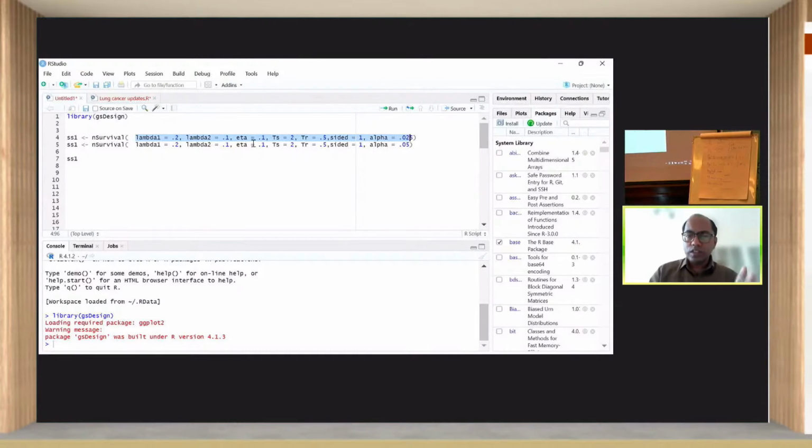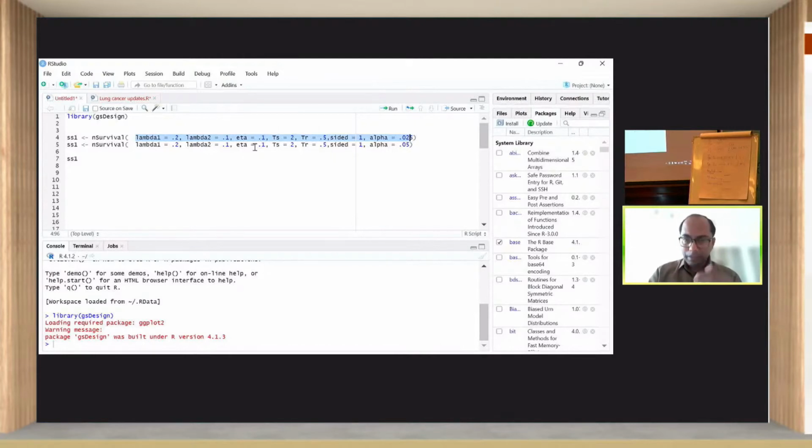Since we talk about the progression rate or relapse-free rate, we always consider the terminology called hazard ratio and hazard rate. So hazard is basically the death rate we are considering.